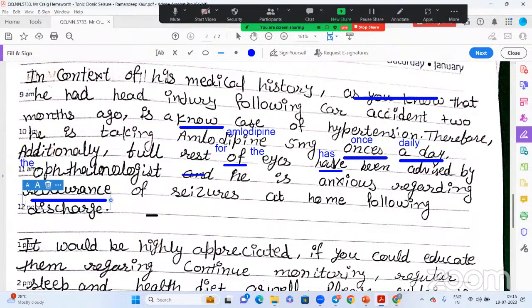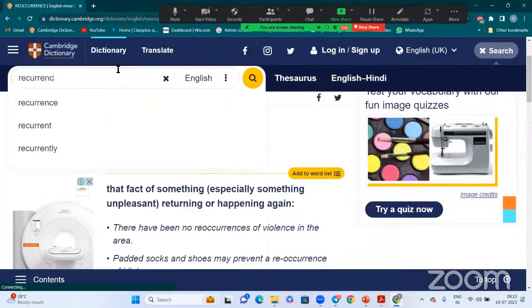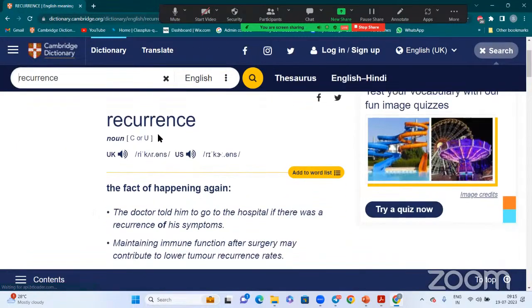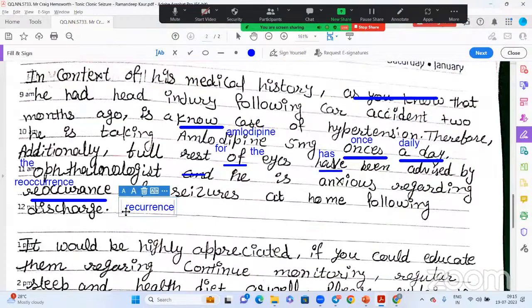You have written the wrong spelling here. Another word is recurrence. It's a very special word. Reoccurrence, anybody will write. Recurrence means the fact of happening again. You can write any one word.